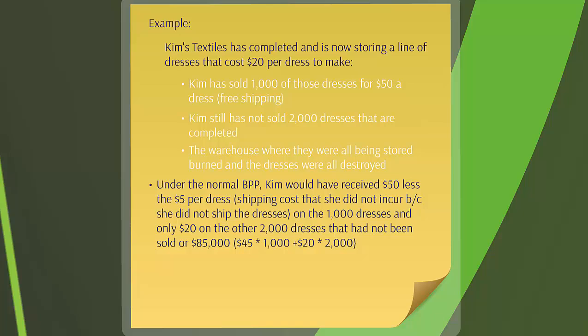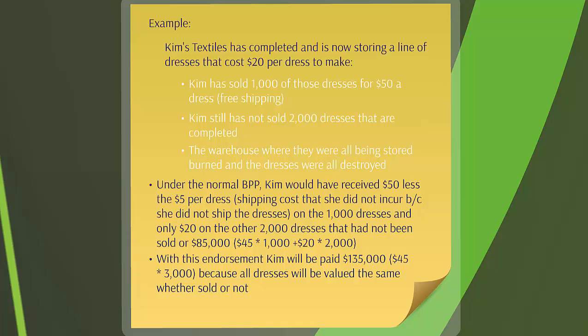Under the normal BPP, Kim would have received $50 less the $5 per dress shipping cost that she did not incur because she didn't ship the dresses on the 1,000 dresses that were sold, but only $20 on the other 2,000 dresses that had not yet been sold, or $85,000, which is $45 times the 1,000 plus $20 times 2,000.